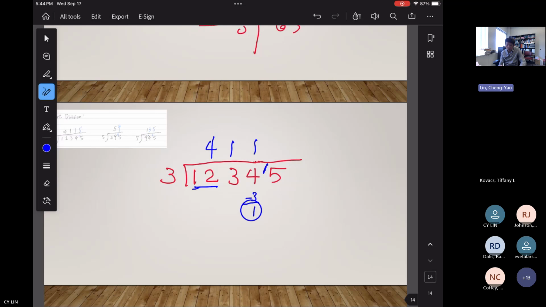We write the remainder right here. So we have 15 divided by 3, which is equal to 5. So 4, 1, 1, 5. Did you get it right for this one? Yes, sir. All right. How about you try another problem?